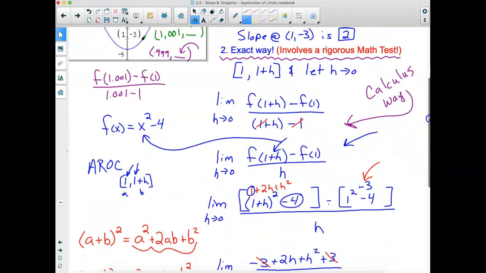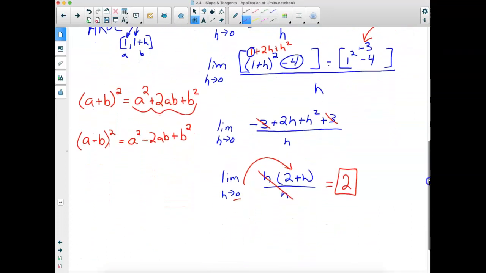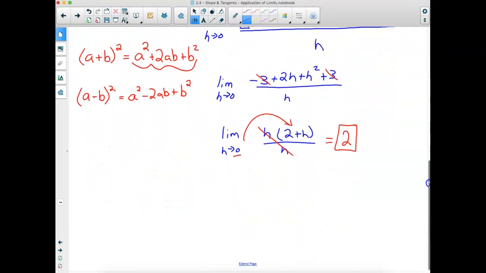Now, as I came down here, this is a really cool thing, and I'm going to rewrite this quick. As I went through here, I have the limit as h approaches 0 of 2 plus h. What does it equal? Okay, so this is as h goes to 0. But this expression, 2 plus h, gives me the slope for any distance at x equals 1.